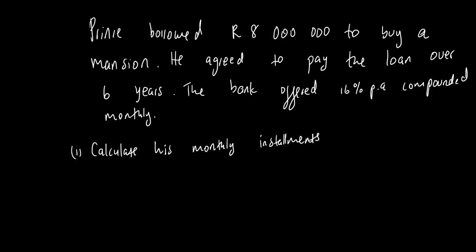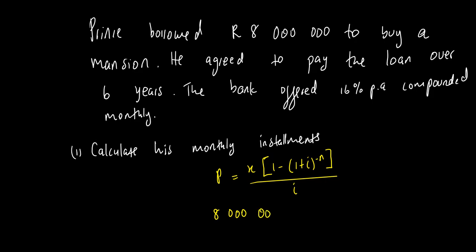Now guys, to get the monthly installments for Prince, it's not gonna be difficult. You say P is equal to X into 1 minus (1 plus i) to the power negative n, then you divide by i. Now P is gonna be the 8 million that is borrowed, and you have to assume that I'm paying 1 month after, meaning I'm not missing any payment.